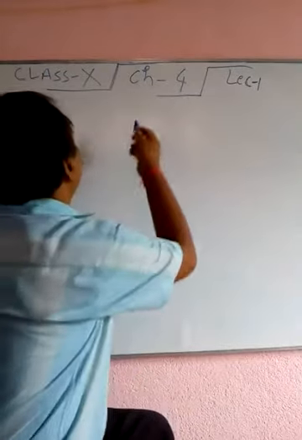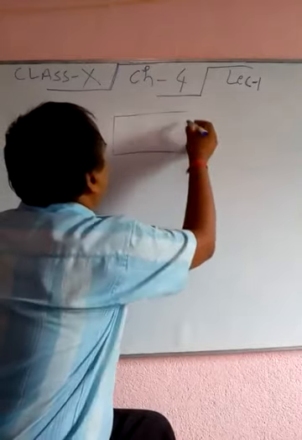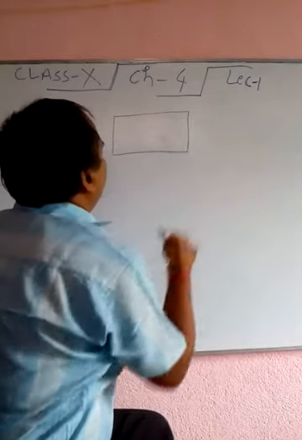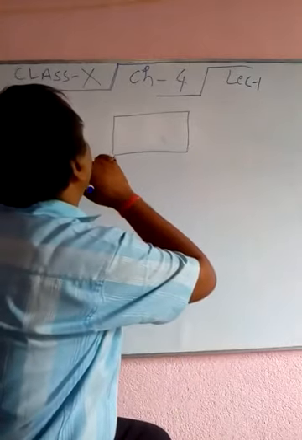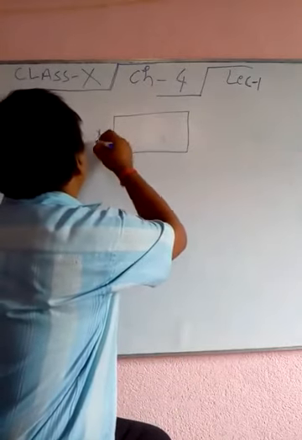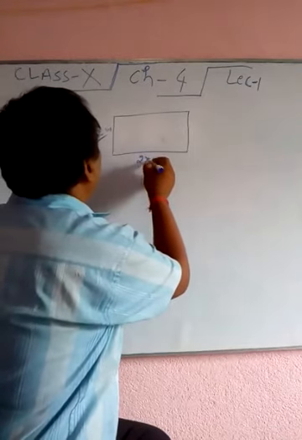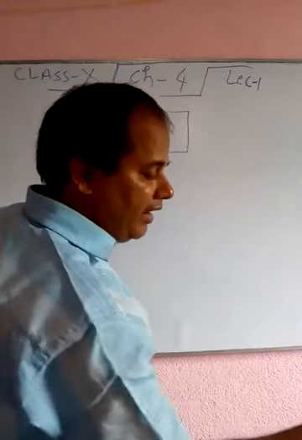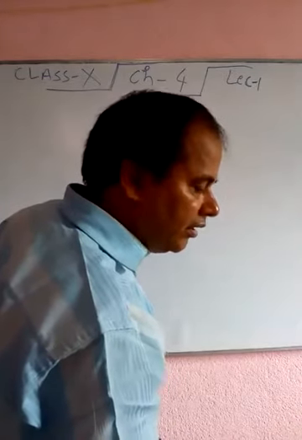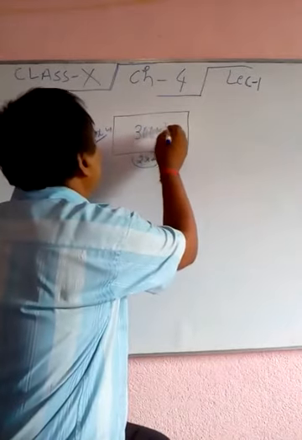Here you can see, suppose this is the dimension of the hall to be built. Suppose the breadth is x meter, then the length will be 2x plus 1 meter, and the area is 300 meter square.